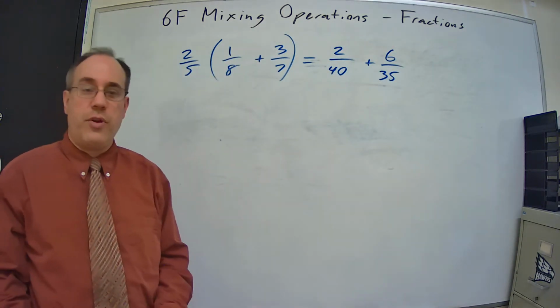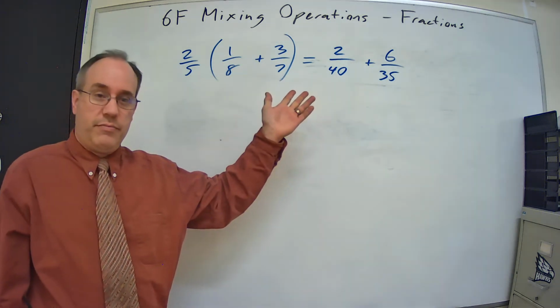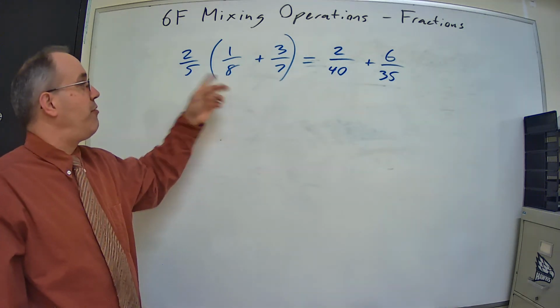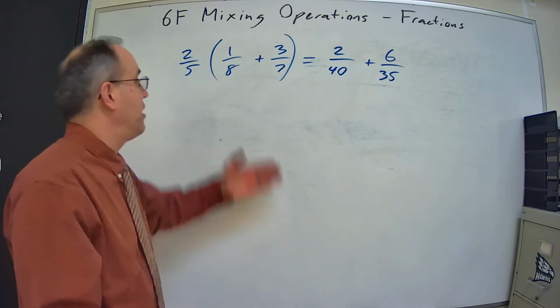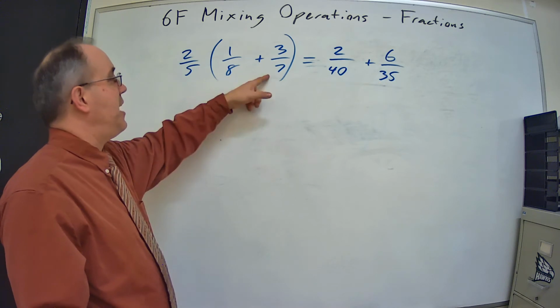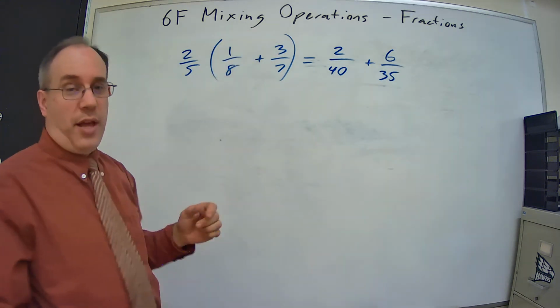So I just distributed it through. Now you may look at this and go, well, why would I want to do that? Wouldn't I be better off just adding this? In fact, order of operations says that I should, parentheses, add them together, then multiply that.